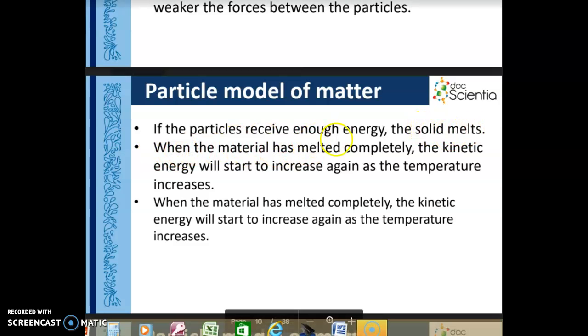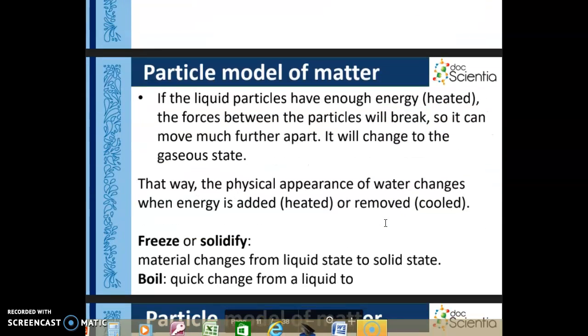When the material has melted completely, the kinetic energy will start to increase again as the temperature increases. If the liquid particles have enough energy, the forces between the particles will break, and so they can move much further apart, like a gas, and it will change to a gaseous state.